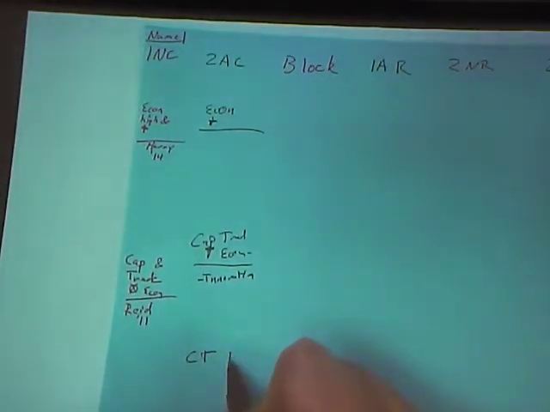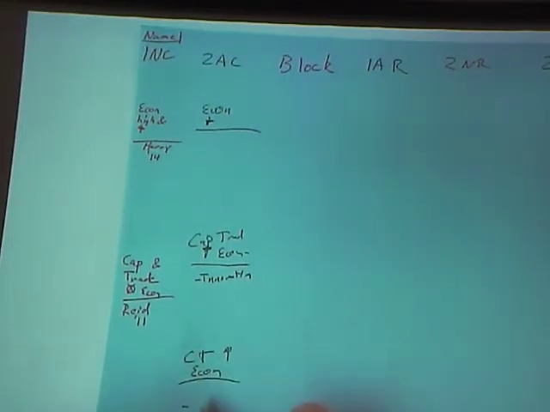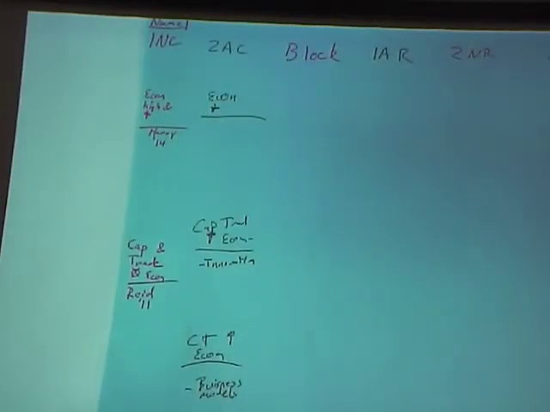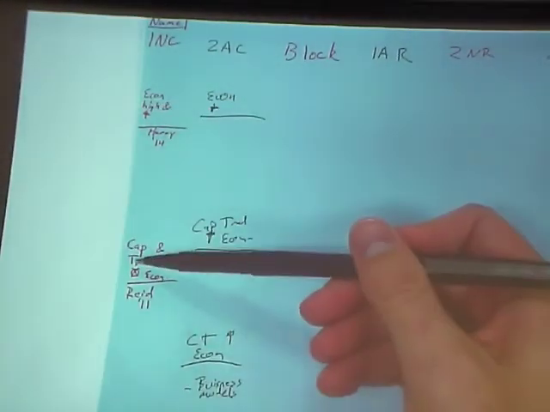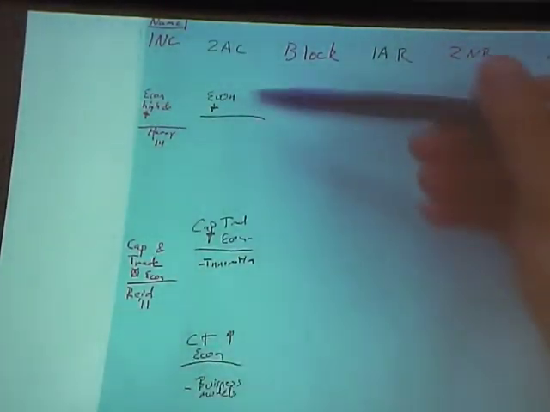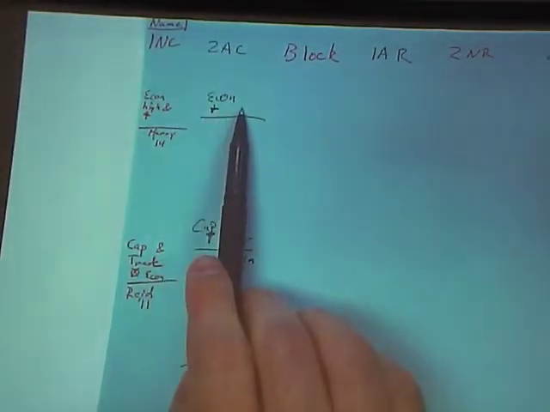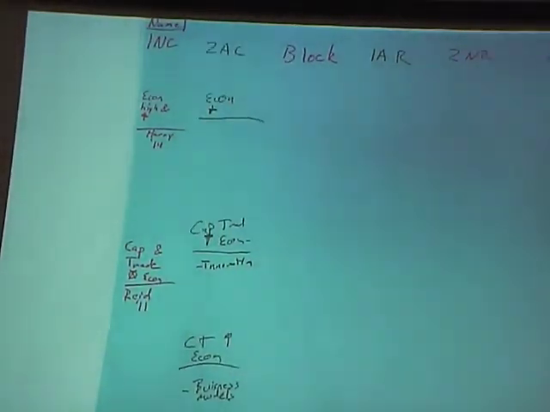Cap and trade increases the economy because of new business models. The point is that the block, again, would not answer it in 1NC order and talk about their uniqueness, then their link, and then their impact, but instead would answer things in the 2AC order.